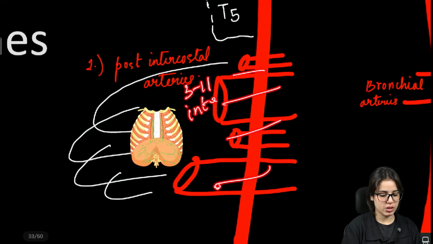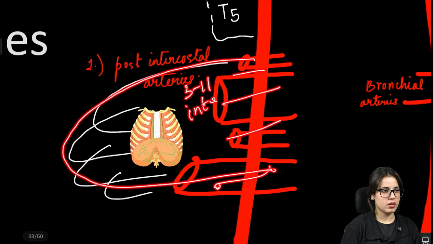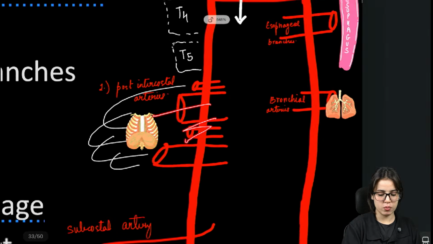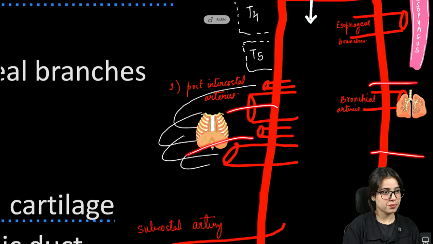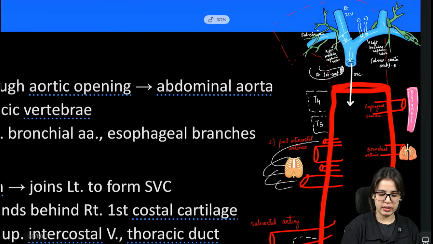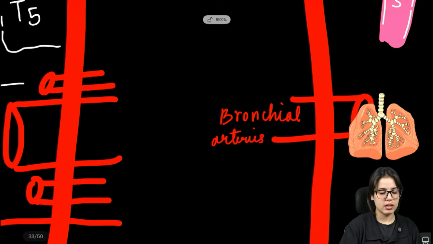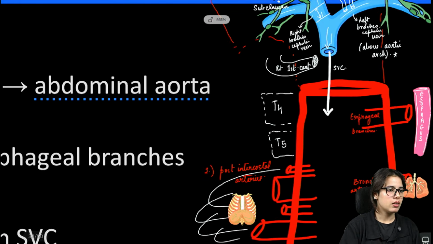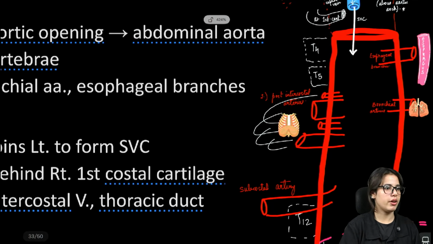So there are 9 pairs of them, one from each side. Then the subcostal artery we already did. Then we have bronchial arteries that supply the lung tissue, and esophageal branches to the esophagus. That's it. These are the branches of the aorta.